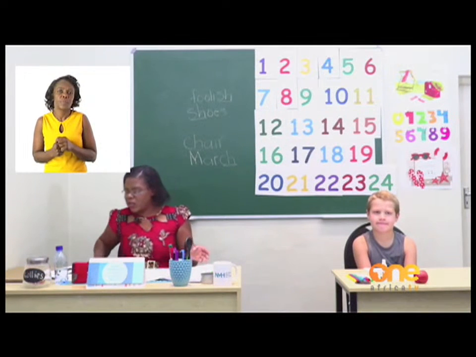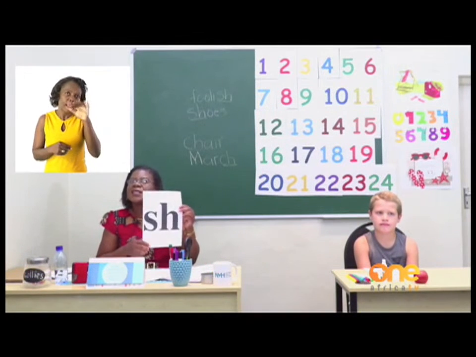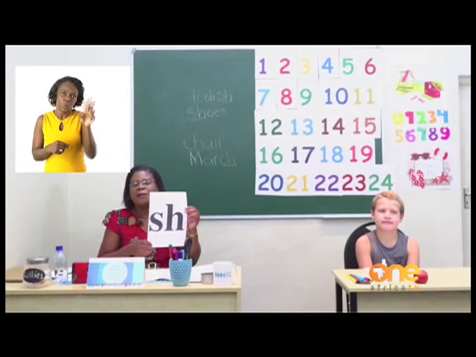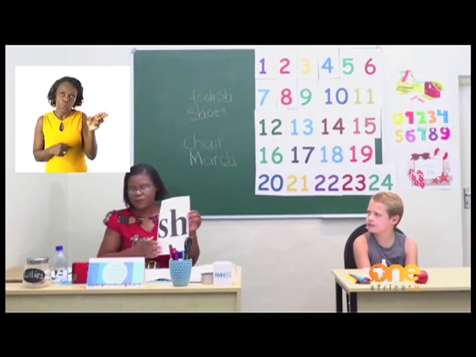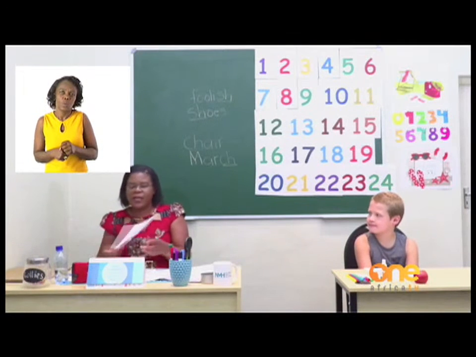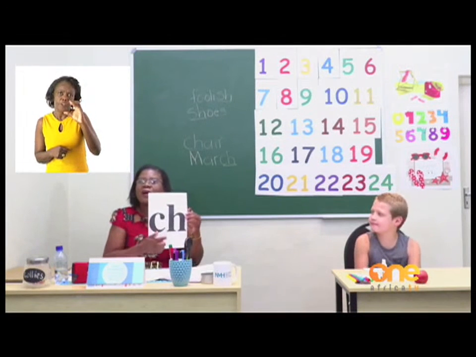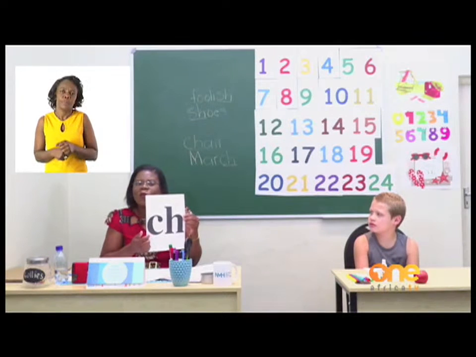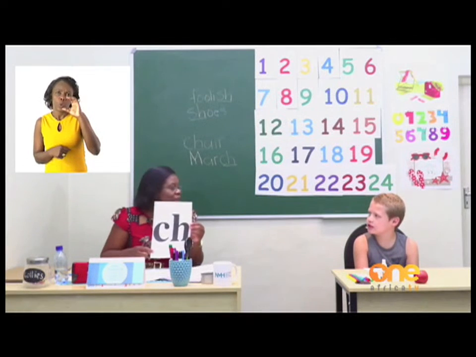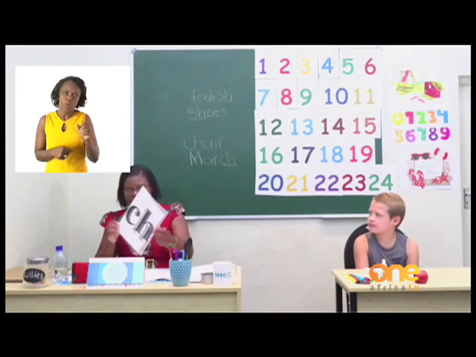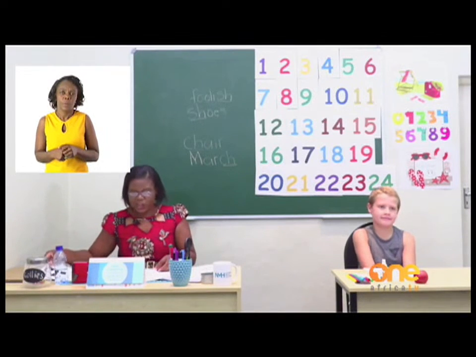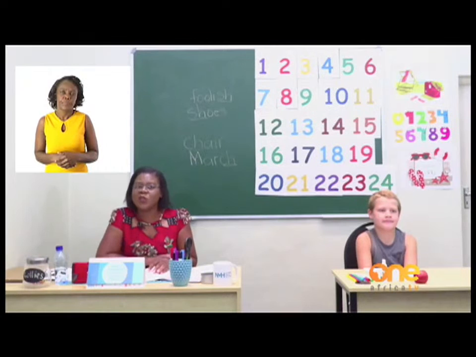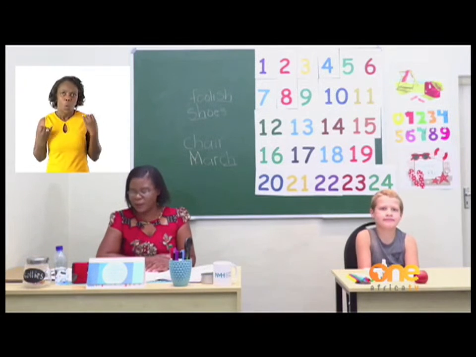We have learned the s and h. What sound is it? It's a sh. And we have learned the k and h. What sound is it? It's a ch. Those are the two sounds that we did. Thank you very much. And I hope you have enjoyed the lesson for today.